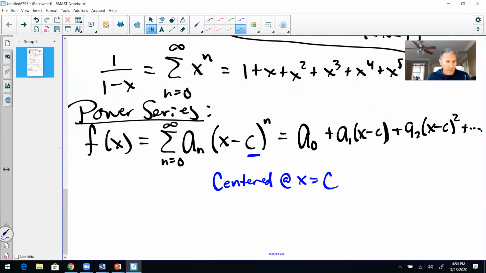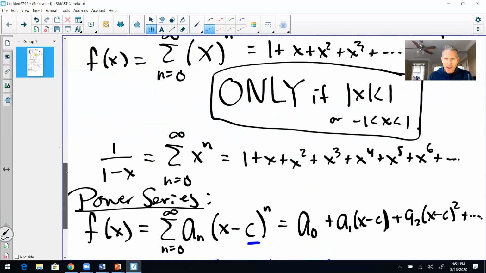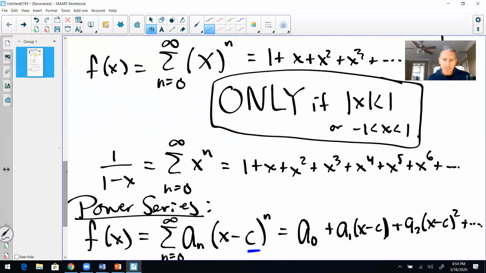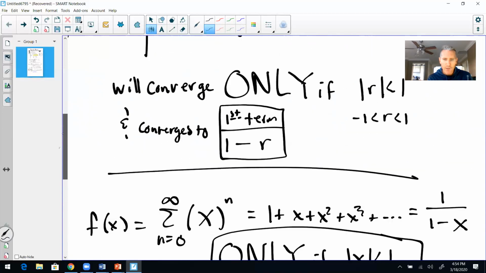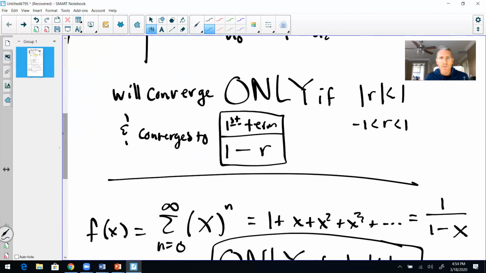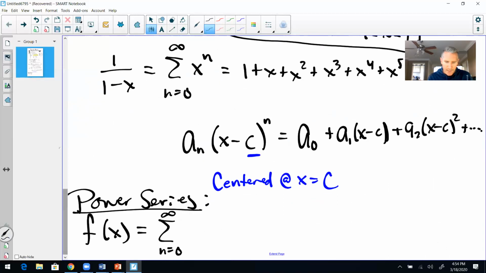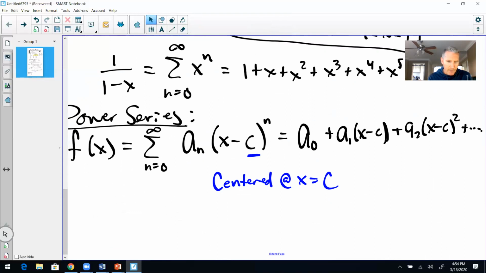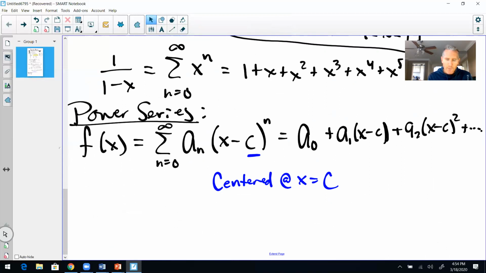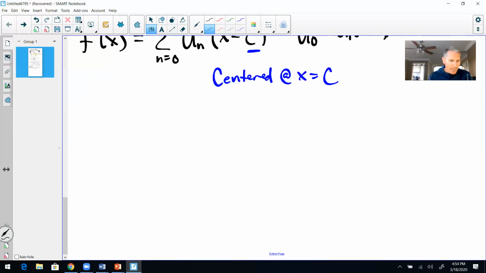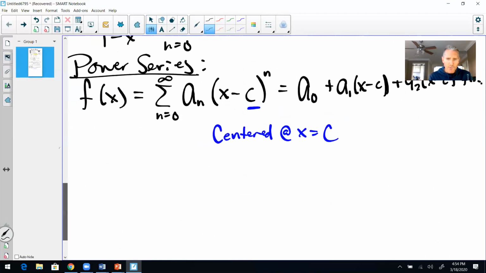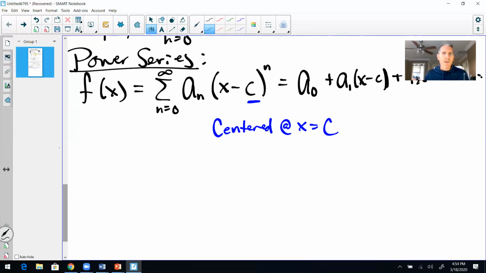So this power series is centered at x equals c. You remember I said only if this were true does it converge, and only if the common ratio is in between -1 and 1 will it converge. Well, for this power series that I have here, I'm going to say this isn't true for all values of x.